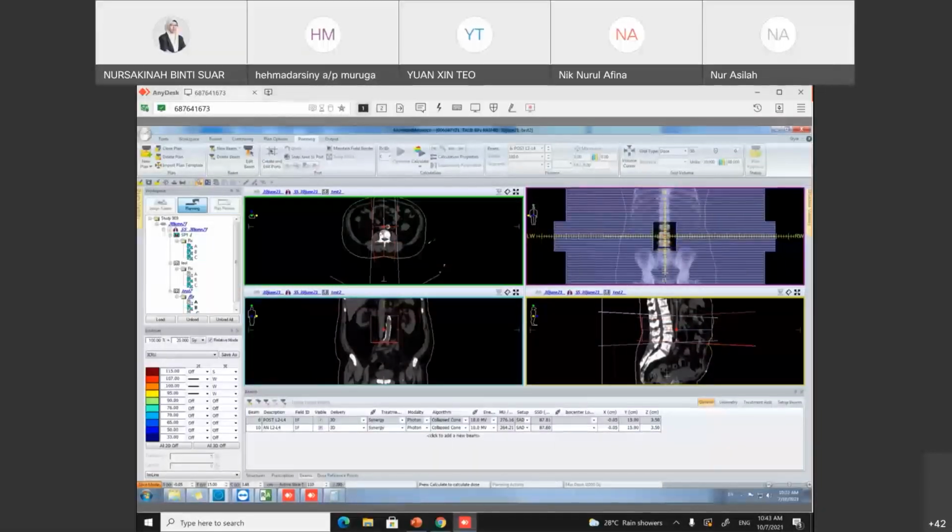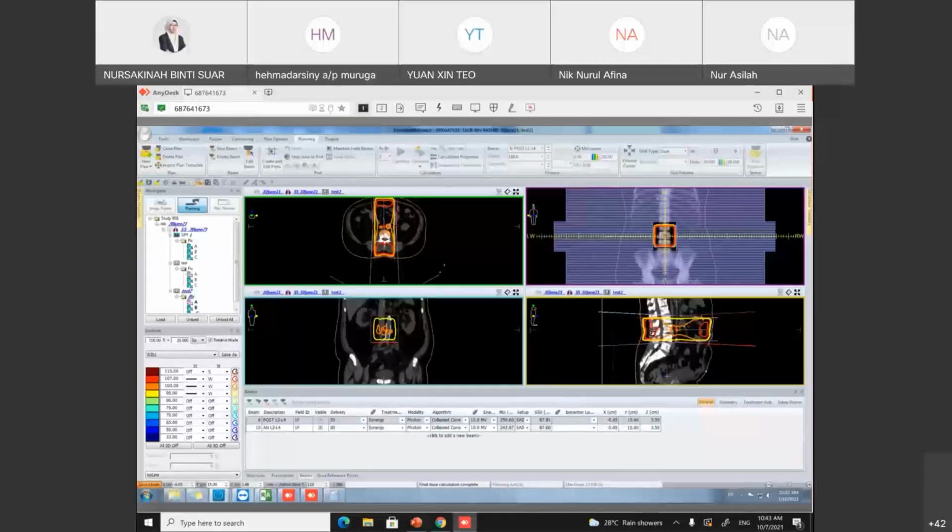So let me calculate and see what's the difference. Just now the maximum dose was 17%. After we change to 10 MB, let's see what the dose is. It will definitely reduce the maximum dose.